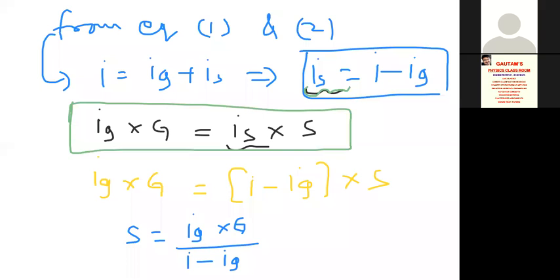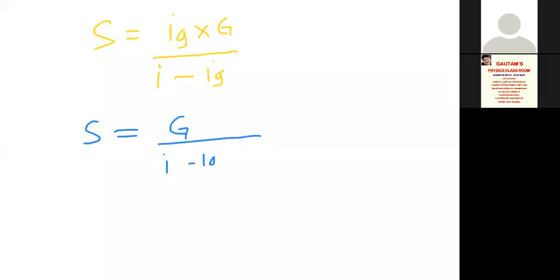Now this expression, I want to make it further simplified. So let me take a fresh page here. S is equal to Ig into G by (I minus Ig). Suppose I bring the Ig to the denominator. How to write Ig bringing to denominator? S is equal to G by ((I minus Ig) by Ig).